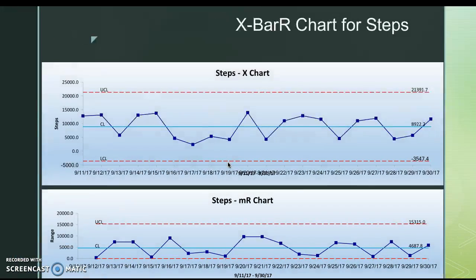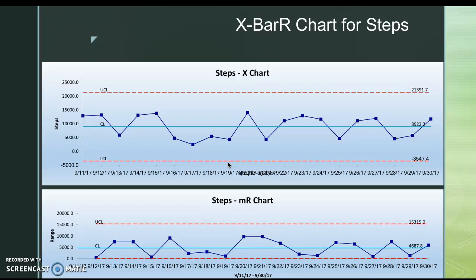What I did with this data is I plotted it on an X-bar chart. So this is the very first chart, just for the month of September. As you can see, it looks like my process is in control, but maybe it's not, because if I have to define a spec, for example, targeting 10,000 steps, and to keep my process in tight control, if I'm not able to achieve the target, anything between 6,000 to 14,000 would still be okay.